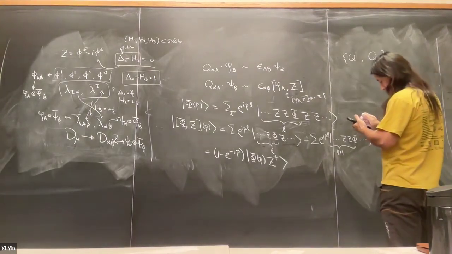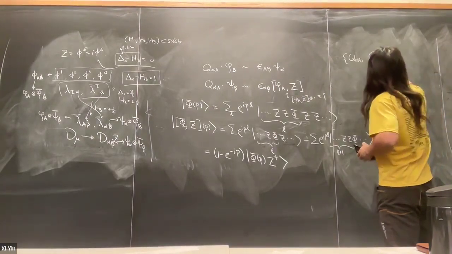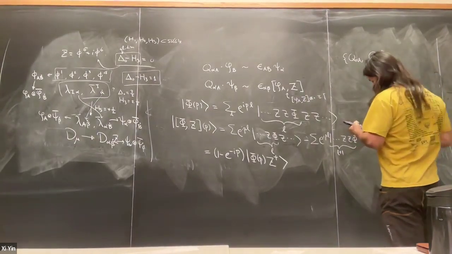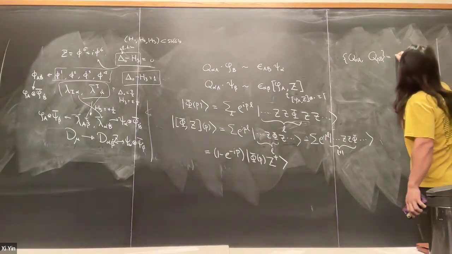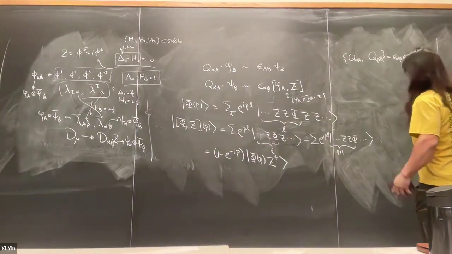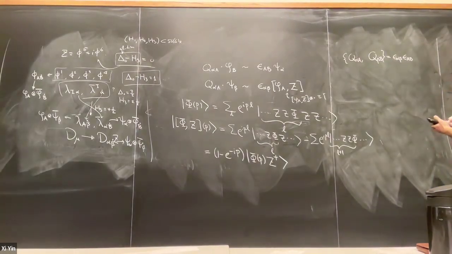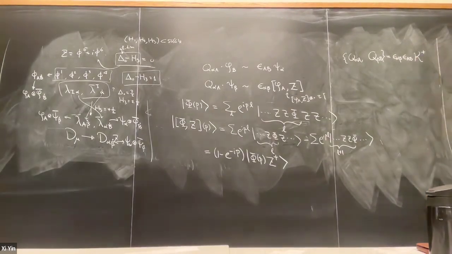You'll find that Q alpha A, Q beta B is equal to epsilon alpha beta, epsilon AB, times the central charge term, I'll call it curly K plus.